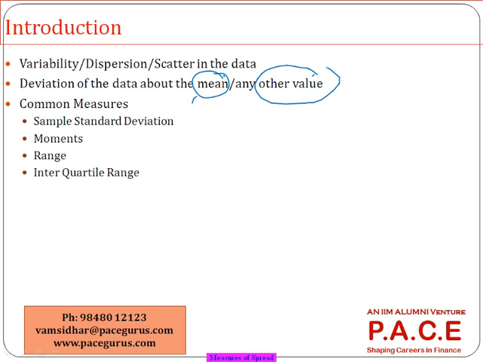Sometimes I may do it with respect to the median, sometimes with respect to 0. So at the end, the common definition is any deviation from a particular point. There are so many terms which are generally used. Of course, the standard deviation is the very common one. It is used just like the way mean is used as a measure of central tendency, right?